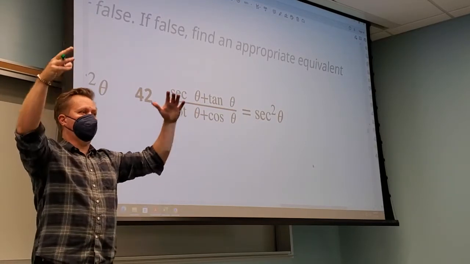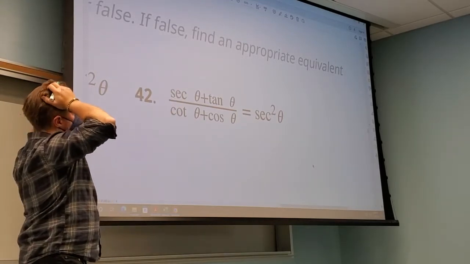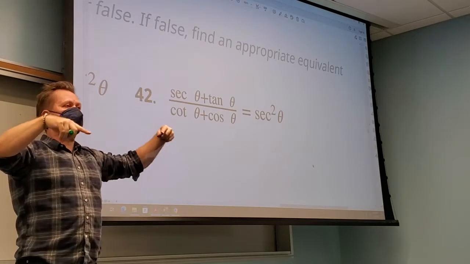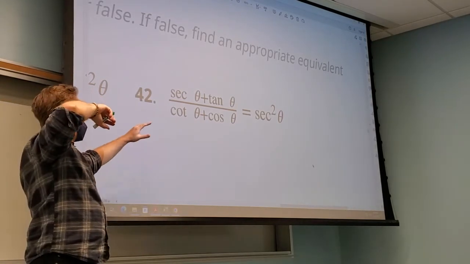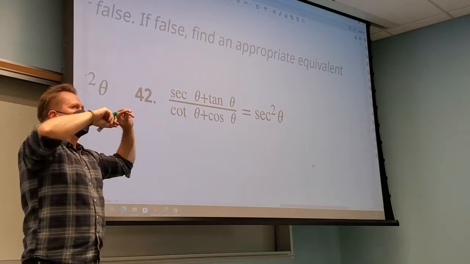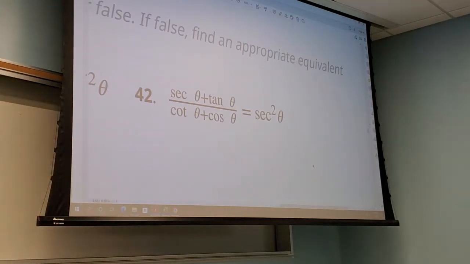Secant squared is part of an identity, correct? And you can work on both sides. All right. This idea of multiplying by the conjugate shows up so often.